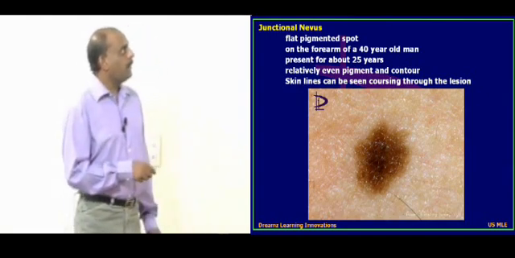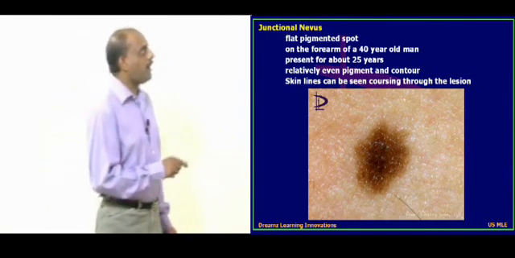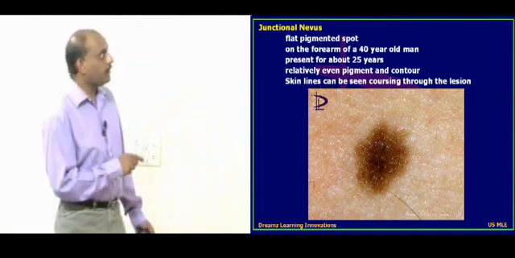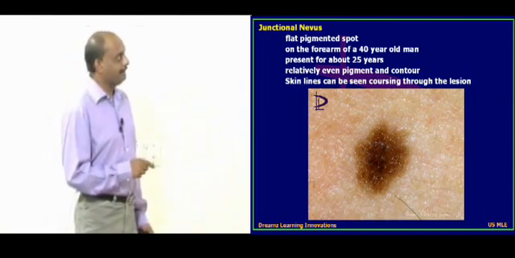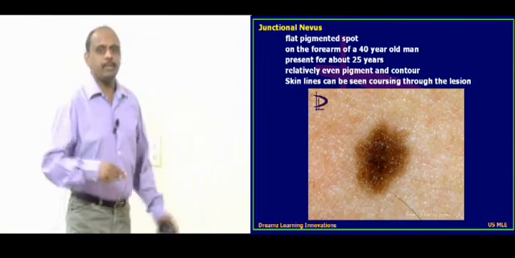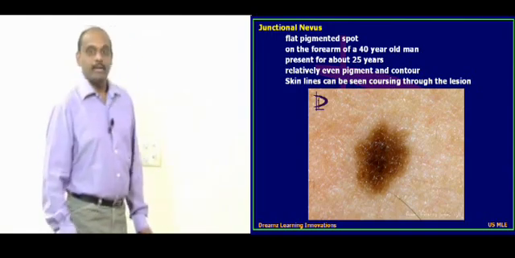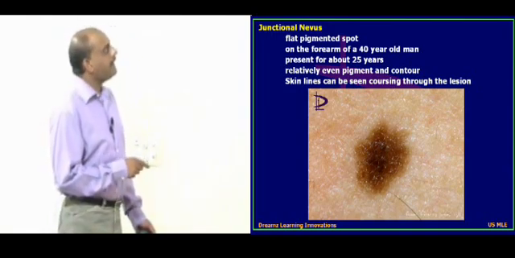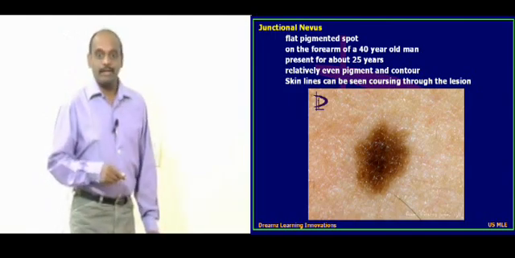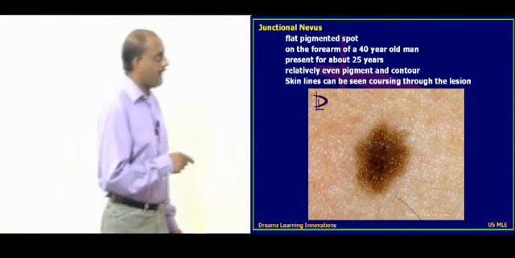Now you can see a flat pigmented spot found on the forearm of a 40-year-old man, and he says that this has been present for the past 25 years. What speaks about the benign nature of this junctional nevus is that the pigment contour is even.